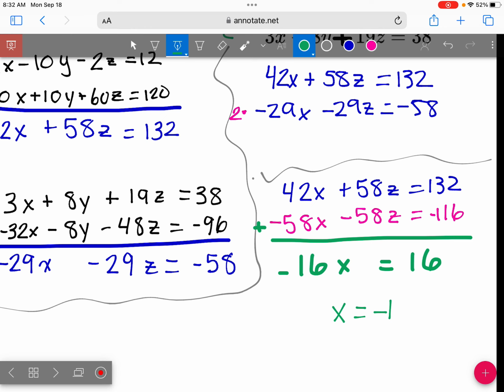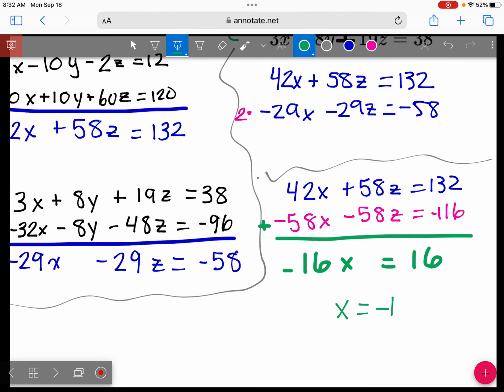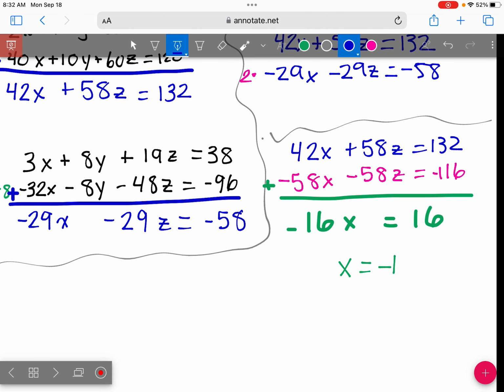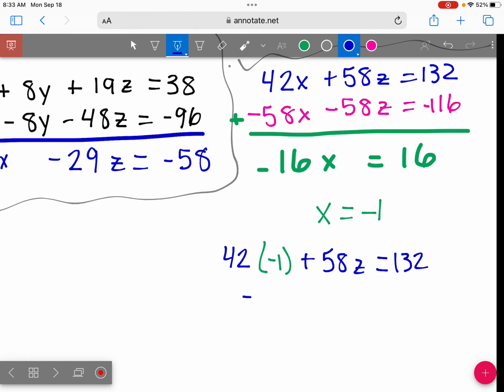We got to do our elimination 3 times. And then we got to go start plugging it back in places. So I'm going to go grab one of my equations that has 2 variables. I'm going to bring my 42x. But this time I know my x is negative 1. Plus 58z equals 132. So that gives me negative 42 plus 58z equals 132.